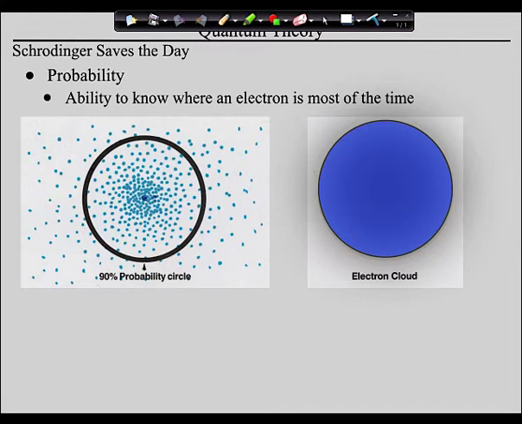Now, does that mean that an electron is a big old huge solid? No, but guys, when we describe electrons in the Schroedinger model, the correct model, we don't treat them as points moving around in an orbit.